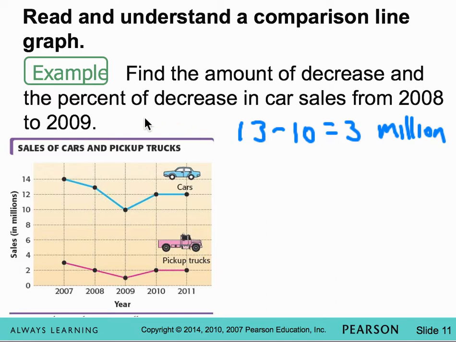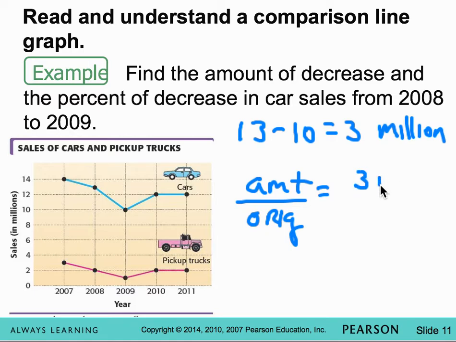Now, the percent of decrease, I got to know a little formula for that. The percent of increase or decrease is the amount over the original. We already had the amount, 3 million, over the original amount. The original amount is 2008, so that's 13. And again, it's all millions, so that'll cancel.